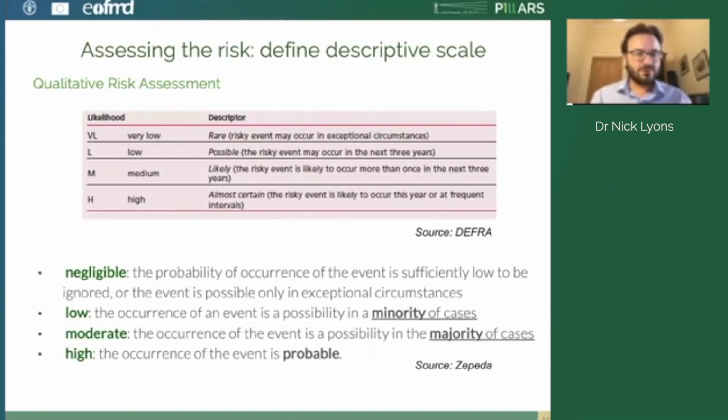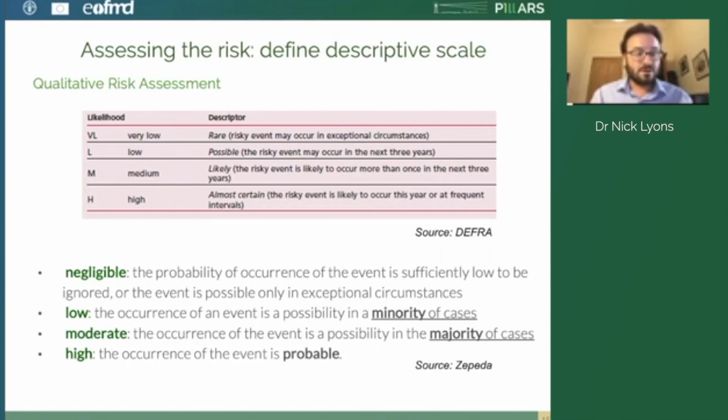So this here gives some examples of the different risk scales that can be used in qualitative risk assessment. There are various different ones that are used. You might use words such as very low, low, medium, or high. Negligible is often used, and you can see here the different descriptions.